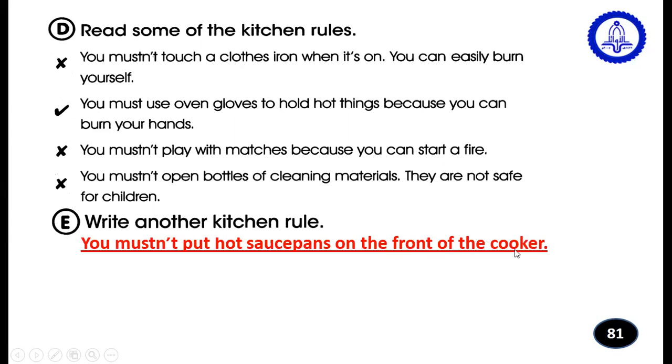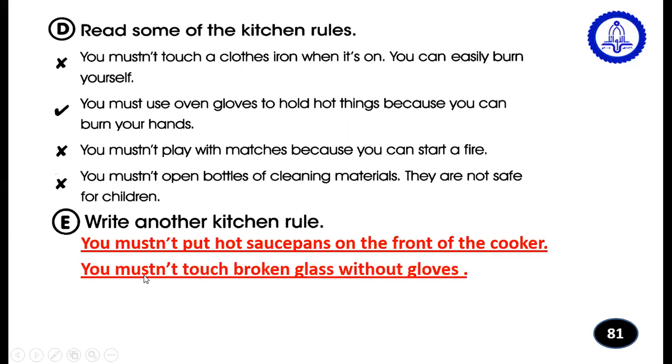Front يعني في الأمام. The second rule: you mustn't touch broken glass without gloves. يجب أن لا تلمسوا الزجاج المكسور بدون قفازات.